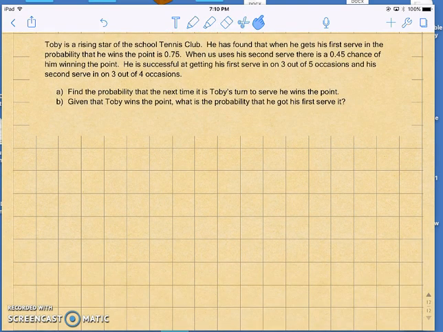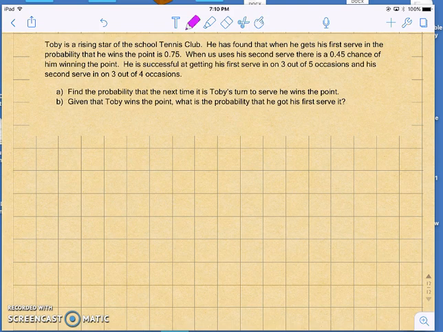So Toby is a rising star at the tennis club. He has found that when he gets his first serve in, the probability that he wins the point is 0.75. When he uses his second serve, there's a 0.4 chance of him winning the point. He is successful at getting the first serve in 3 out of 5 occasions and his second serve in on 3 out of the 4.